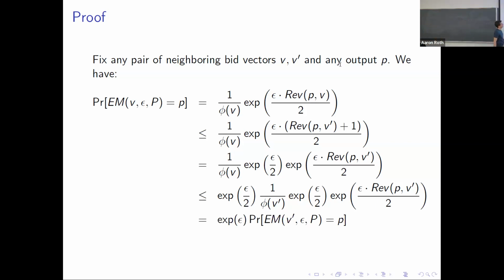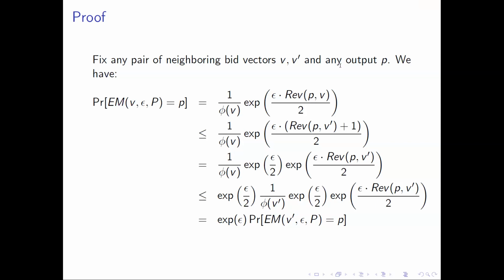And so combining these two terms, we get that the probability that we choose some particular price p when everyone tells the truth is at most an e to the epsilon factor away from the probability that we choose the same price p when any one person chooses to lie, chooses to deviate.